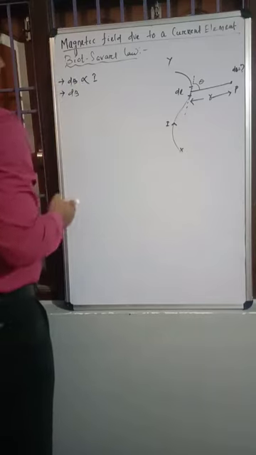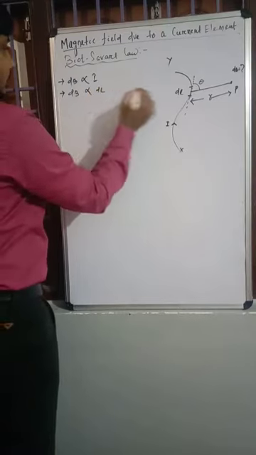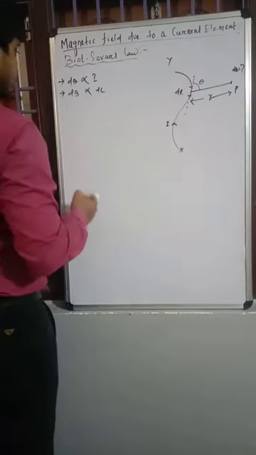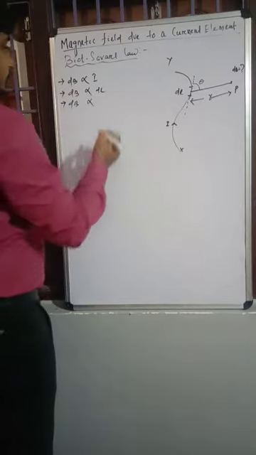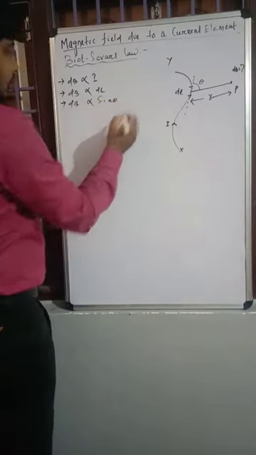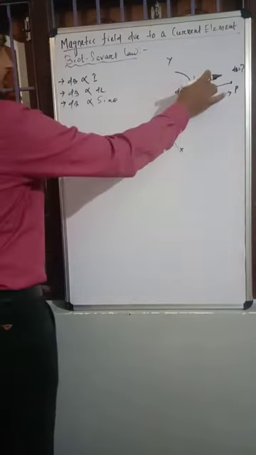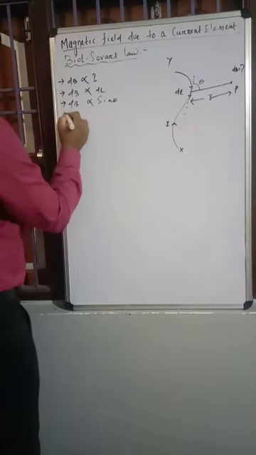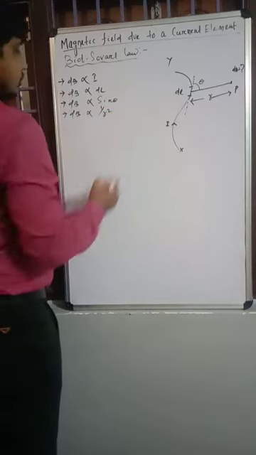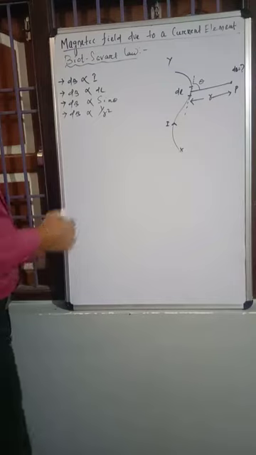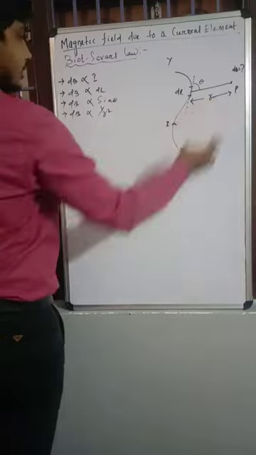The magnitude of the magnetic field is also directly proportional to the length element dl. dB is also directly proportional to the sine of the angle between the position vector and the current element, this theta, so sine theta, and dB is also inversely proportional to the square of the separation distance between them, this r square.